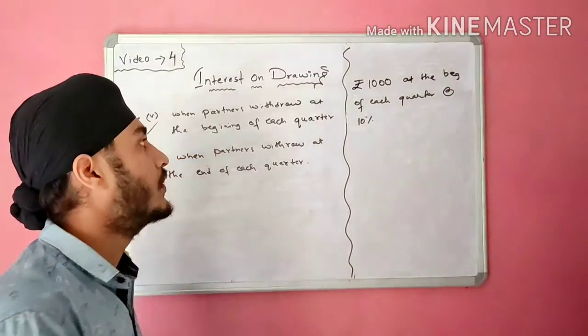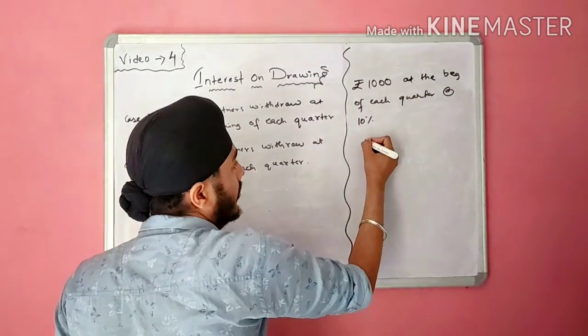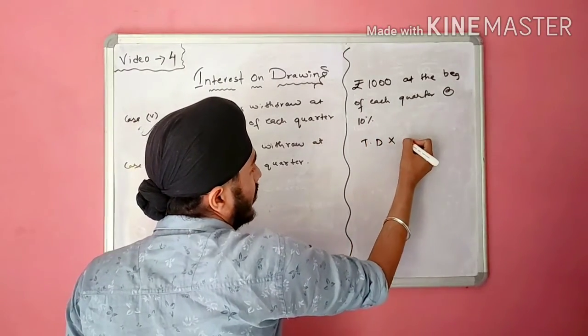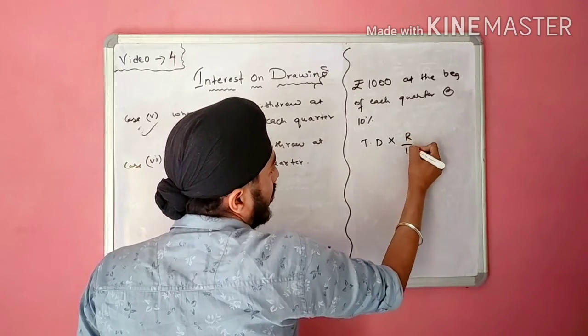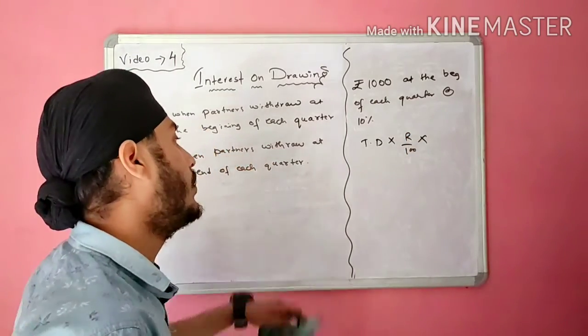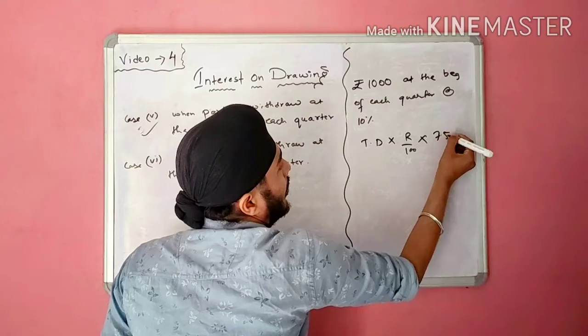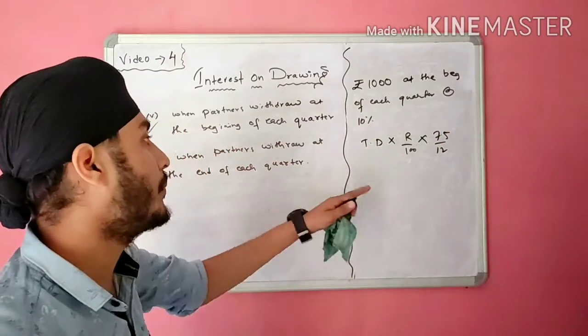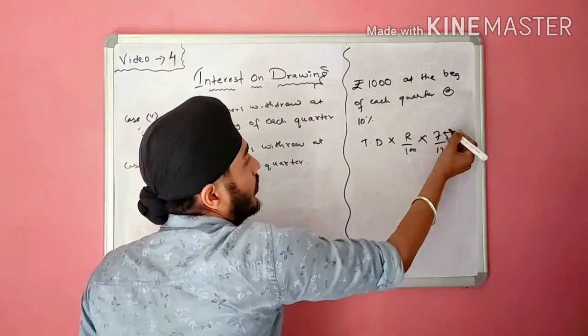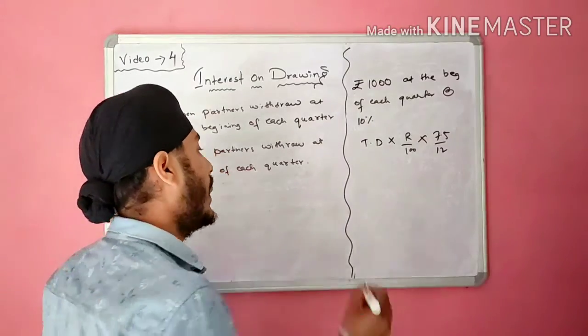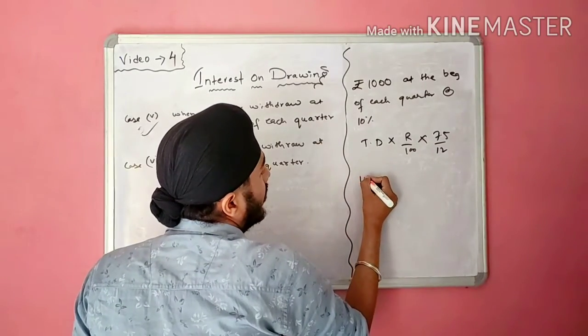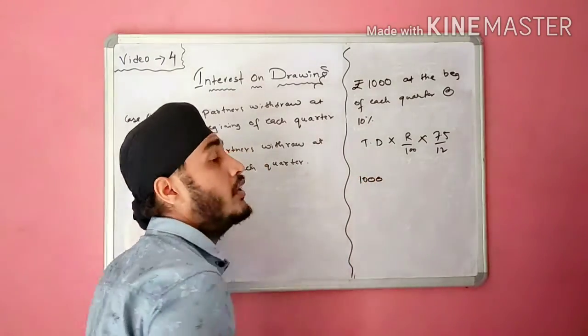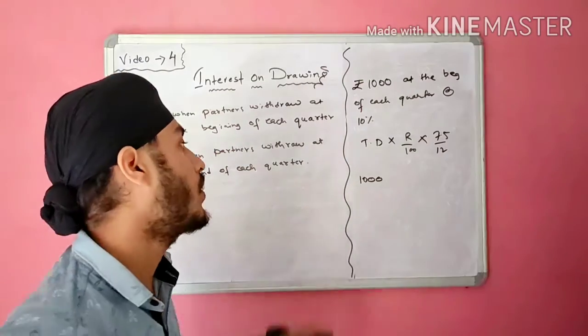Now how will we calculate? The formula will be the same, total drawing into rate. One thing will change, the time period. It will be 7.5 by 12. Whenever the partners withdraw at the beginning of each quarter, the period will be 7.5 by 12. So total drawing will be 1000 into 4. Why? In 1 year there will be 4 quarters.